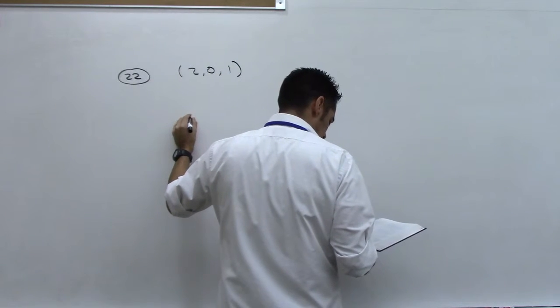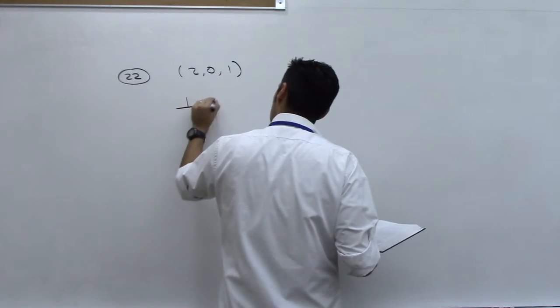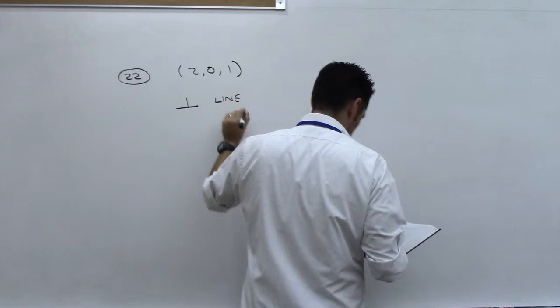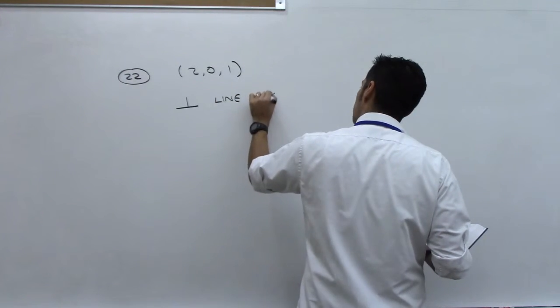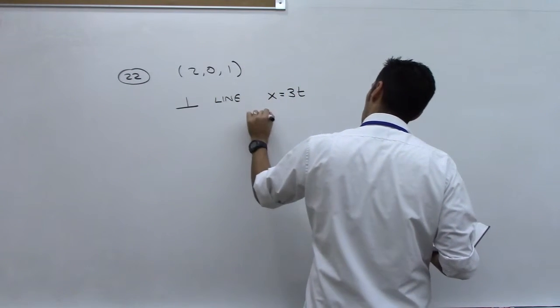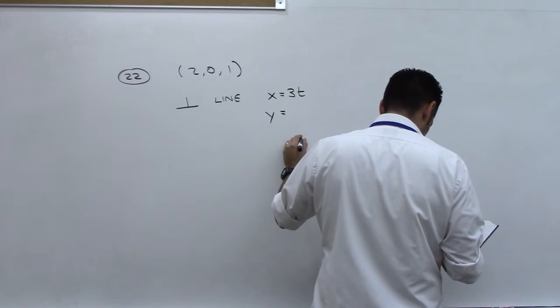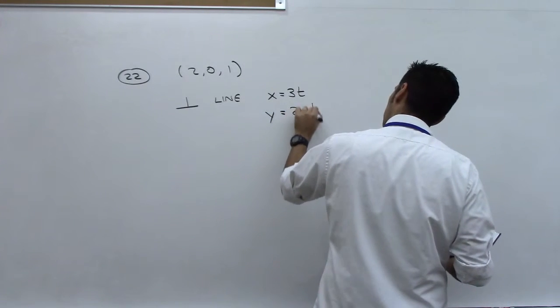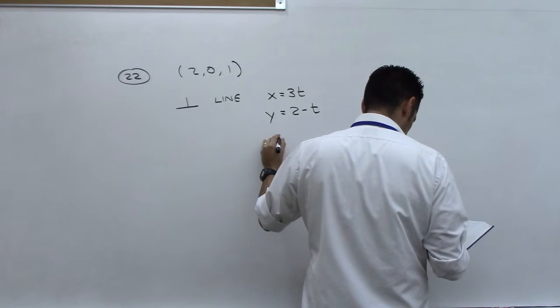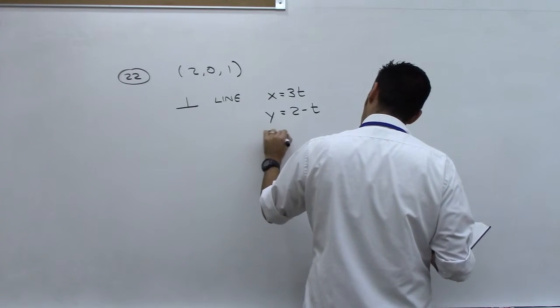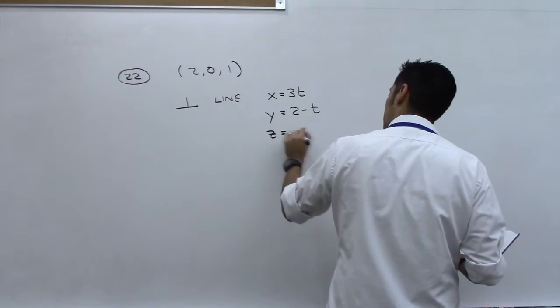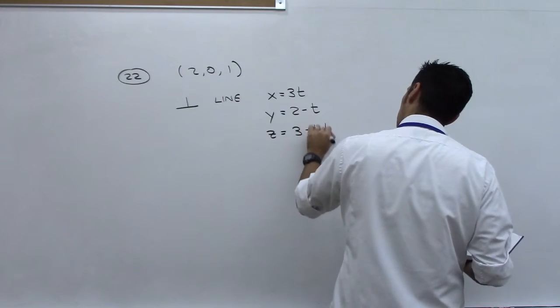And they tell you that it is perpendicular to the line x equals 3t, y equals 2 minus t, and z equals 3 plus 4t.